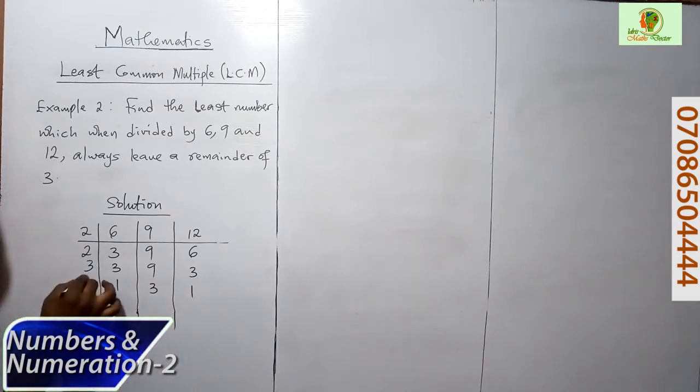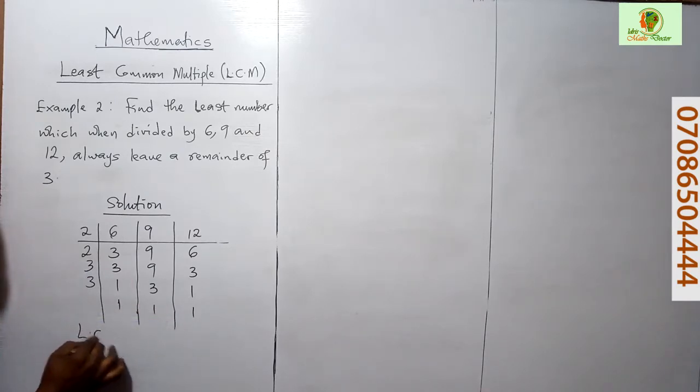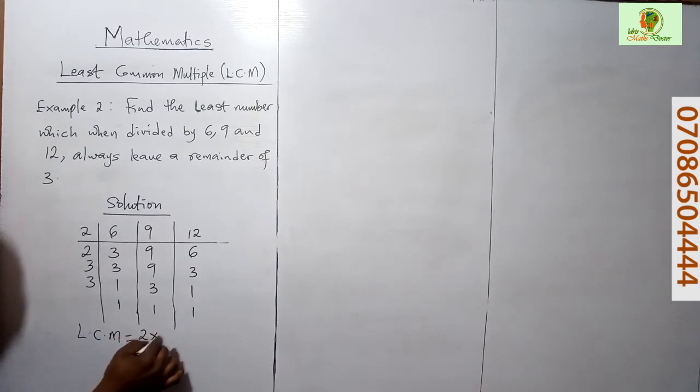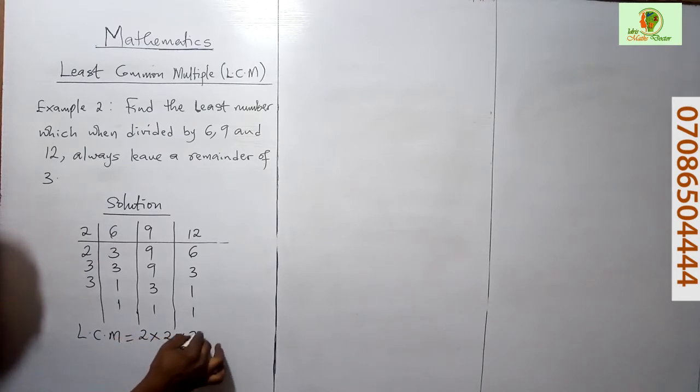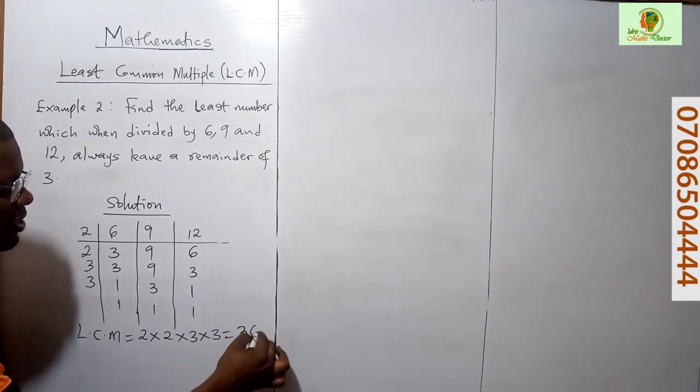Then again, we make use of 3, and that gives us 1, 1, 1. So the LCM equals 2 times 2 times 3 times 3. 2 times 2 is 4, times 3 gives us 12, and 12 times 3 gives us 36.